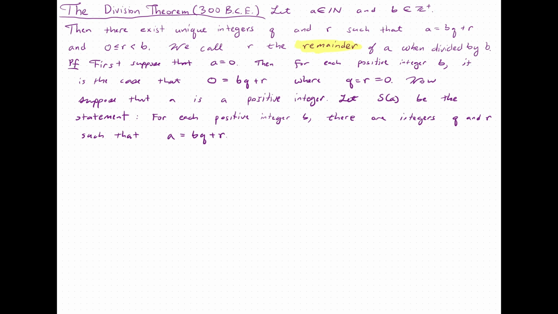And so the key thing is our integer a is fixed, and so the statement depends on a. And so we're fixing the integer a, and we're saying that for that given a and any positive integer b, we can find integers q and r such that a is equal to b times q plus r.